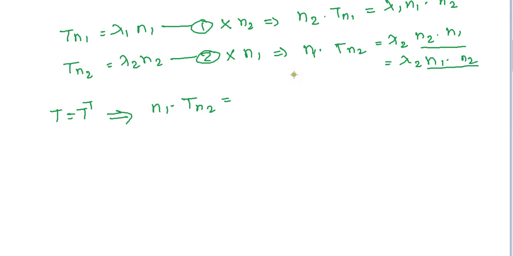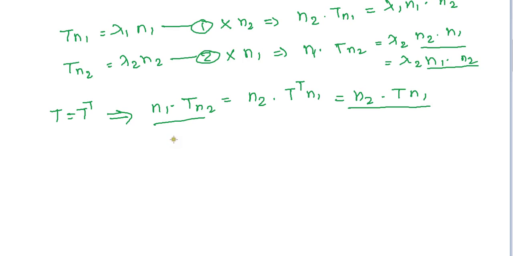So we can write down n2 or n1, doesn't matter, dot T transpose n1, right? And if this T transpose is same, then we can write down here n2 dot Tn1, because you said it's a symmetric tensor. So n2 dot Tn1 equal to n2 T transpose, something like that. So this and this same, right?